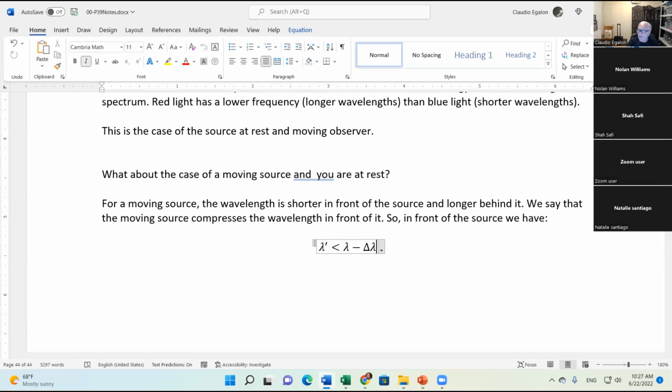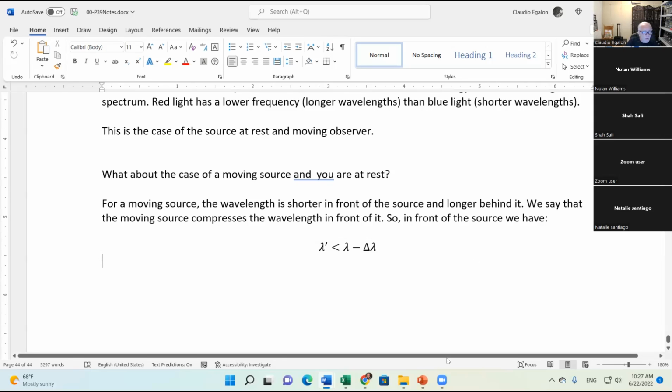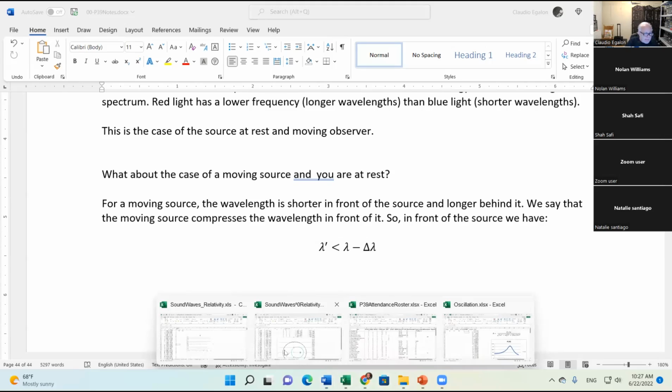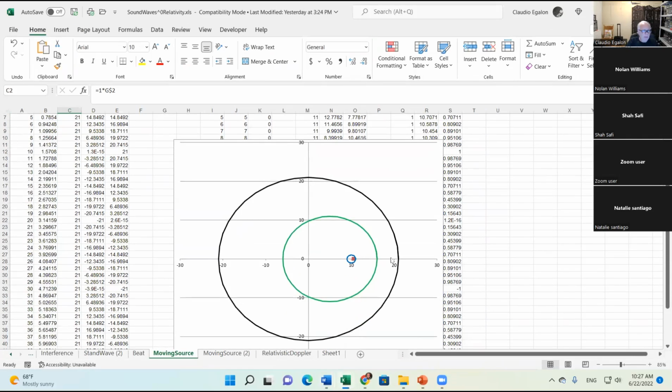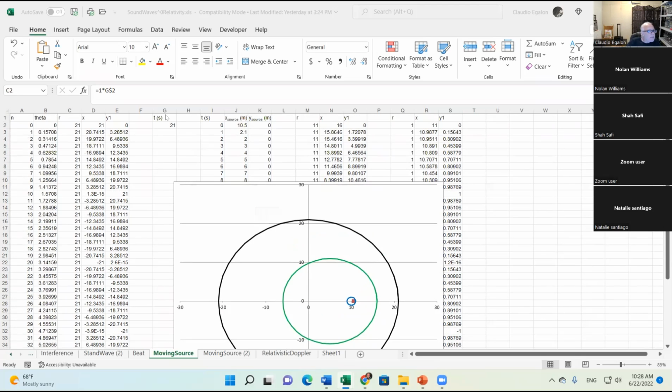What we end up having here is the following for the wavelengths. Take a look at the drawing. Here's my new lambda prime. Let's go back a little bit to 10 seconds.